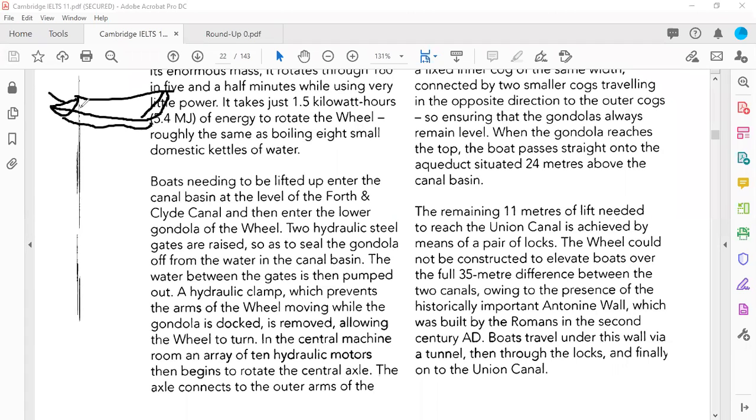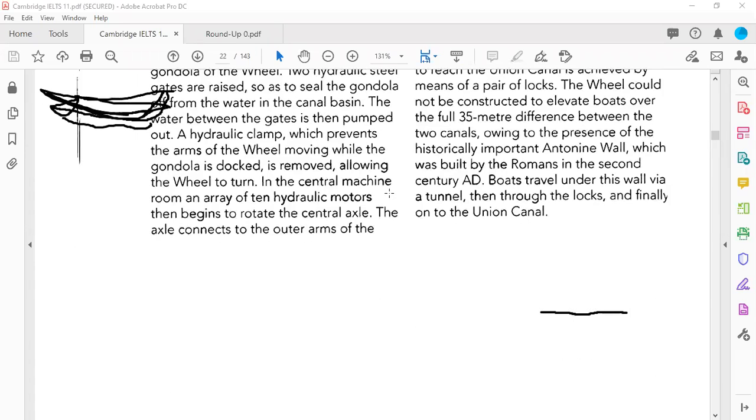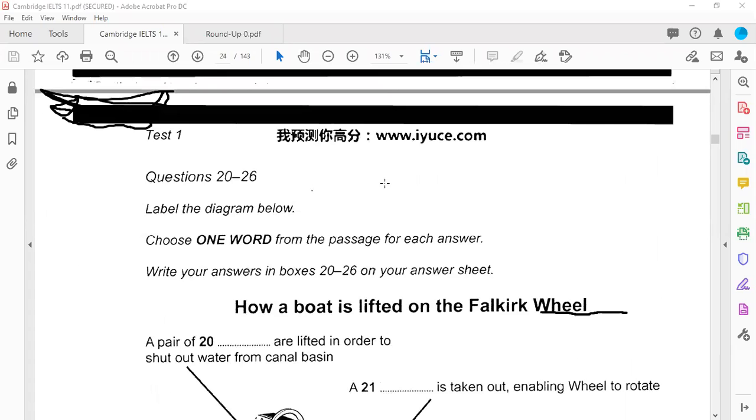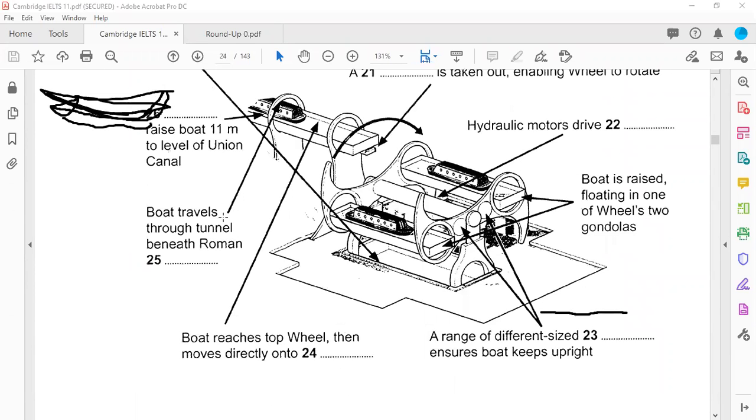So this is a duct, and there's water. This is an aqueduct. Under the Roman Antonine wall. Number 25: beneath Roman Antonine wall or beneath Roman wall.